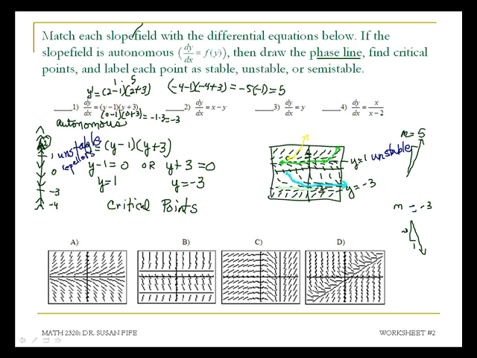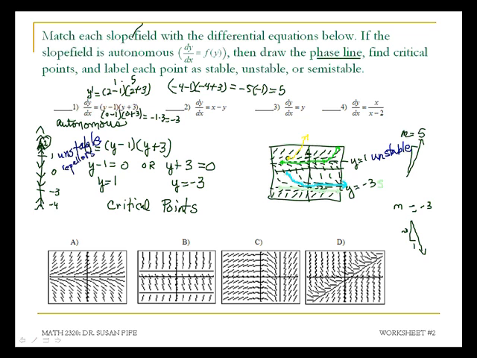Notice that from below my graph is coming up, from above my graph is coming down. So here at -3, chances are that my graph won't just be pulled by some unseen force outwards. This one, both sides are pushing towards y equals -3.